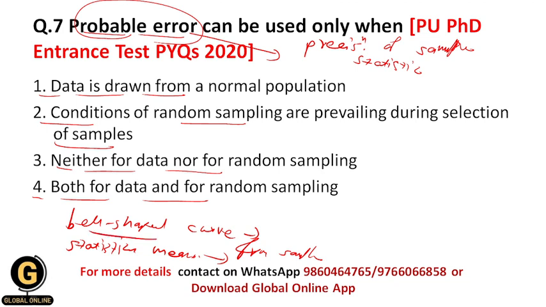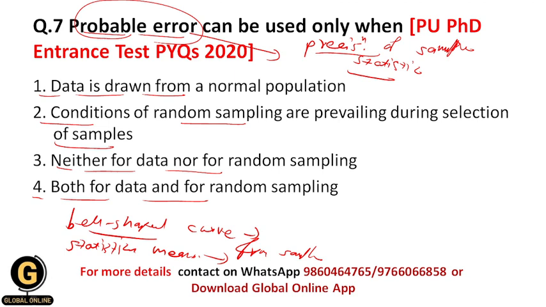So in these two conditions we can use probable error, and as I have told you earlier, probable error is used whenever we need to measure the precision of sample statistic. Precision of sample statistic means whether the values in the sample statistics are accurate or not. Okay, whether those values are the outcomes of the research results or not.